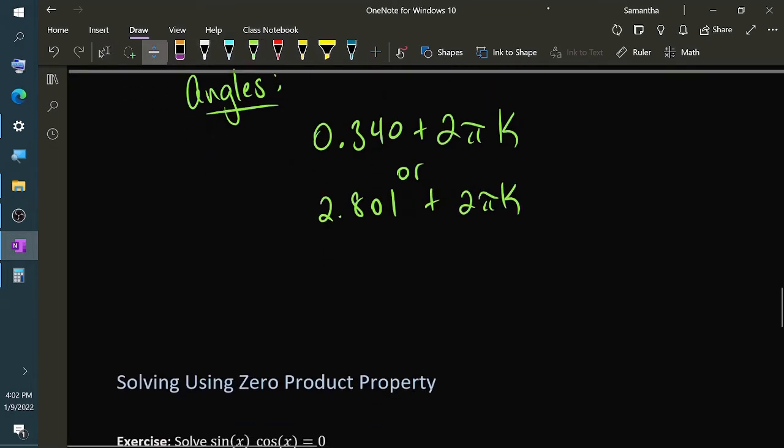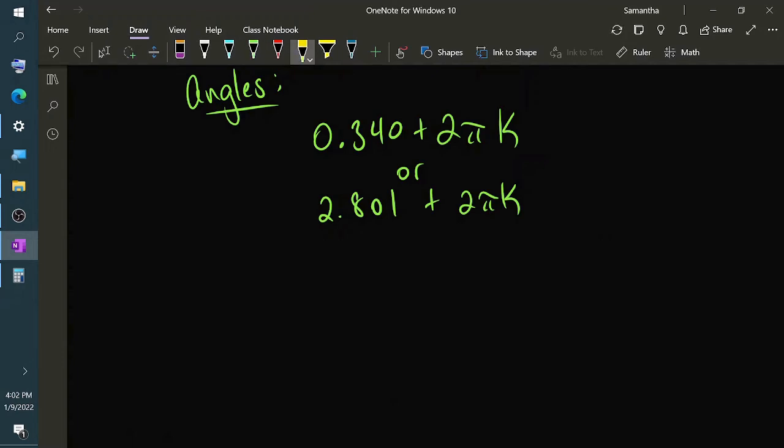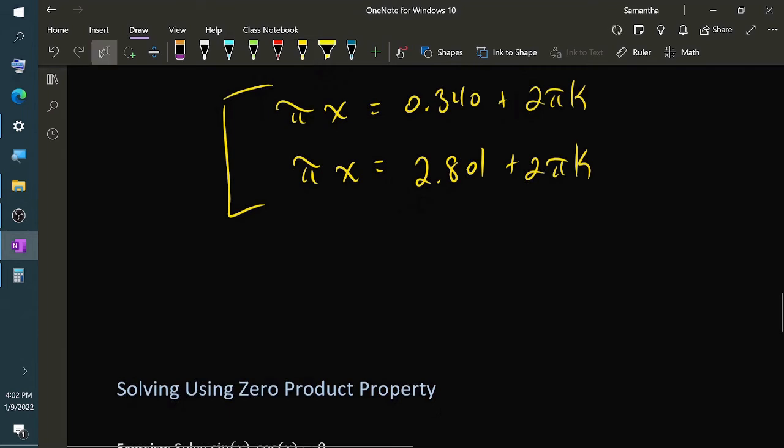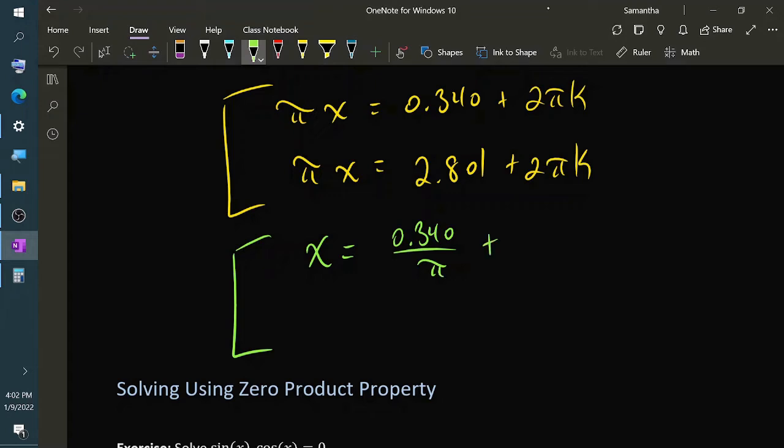These, therefore, are the possible values of the input, pi x. What, therefore, are the possible values of x? To get the values of x, we need to divide everything out by pi, including the 2 pi k.